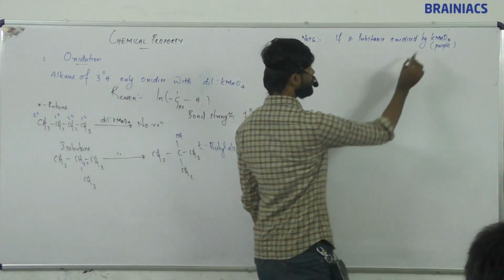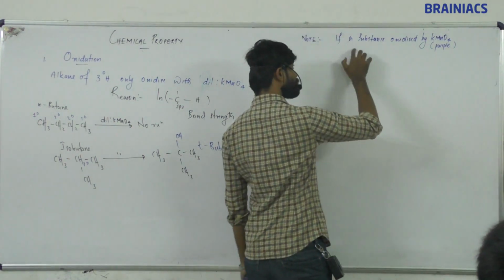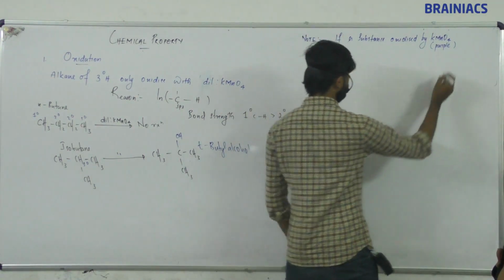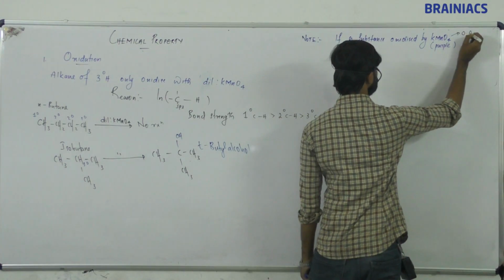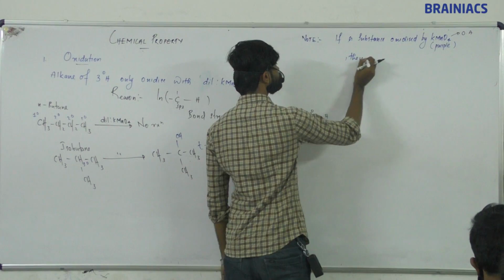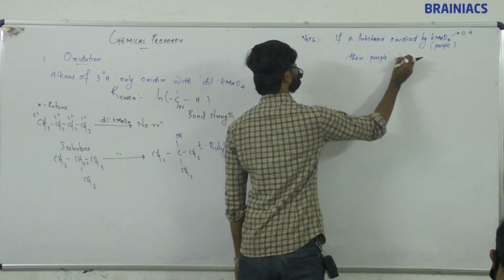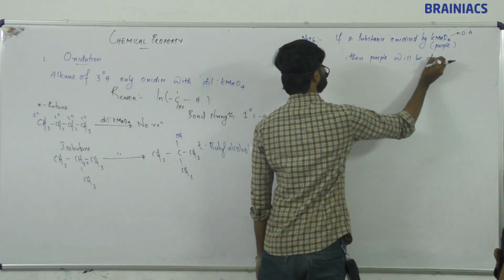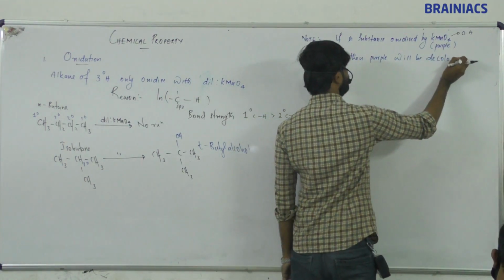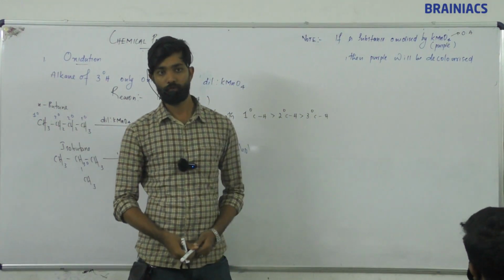Okay, so initially the KMnO4 has a purple color, but when a substance is oxidized by KMnO4, where KMnO4 acts as an oxidizing agent, the purple color will be decolorized, since the KMnO4 itself is reduced.